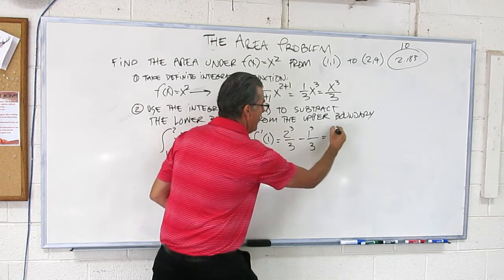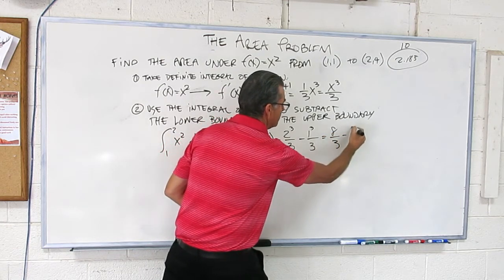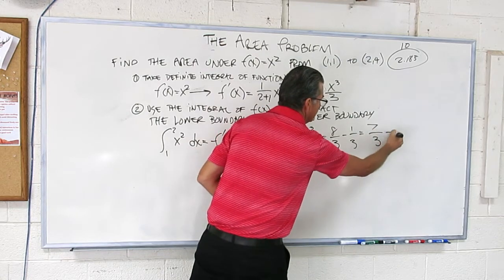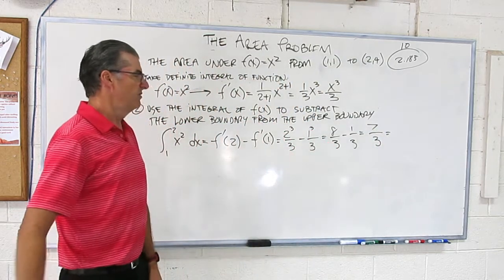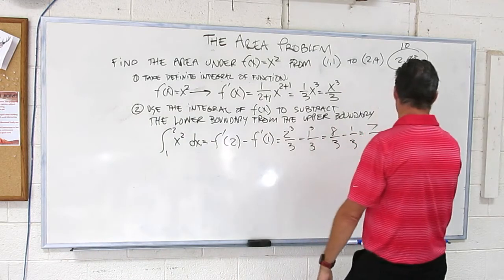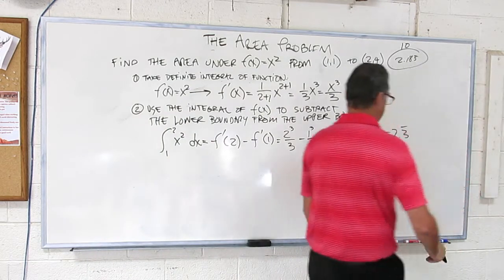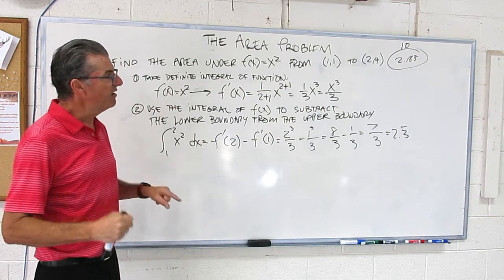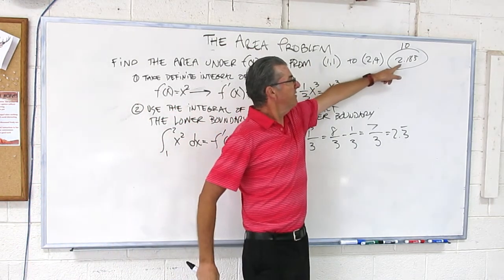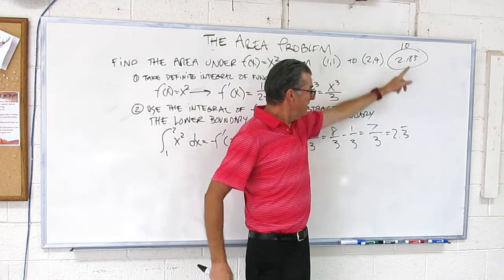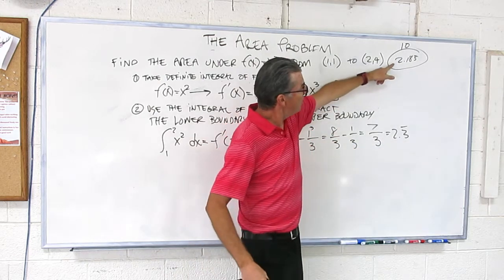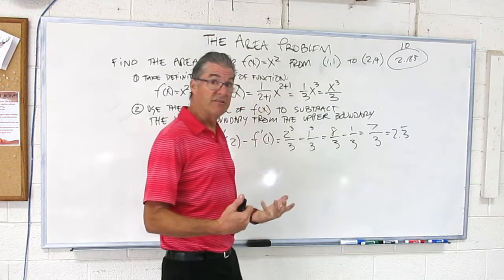We're going to get 8 over 3 minus 1 over 3, so our answer is 7 over 3, and that's going to be 2.3 repeating. It's pretty much that straightforward. Now check this out. When we approximated with 10 rectangles, we got 2.185. Now when we get the exact area, it's just 2.3. So a small increase, but an increase nonetheless.